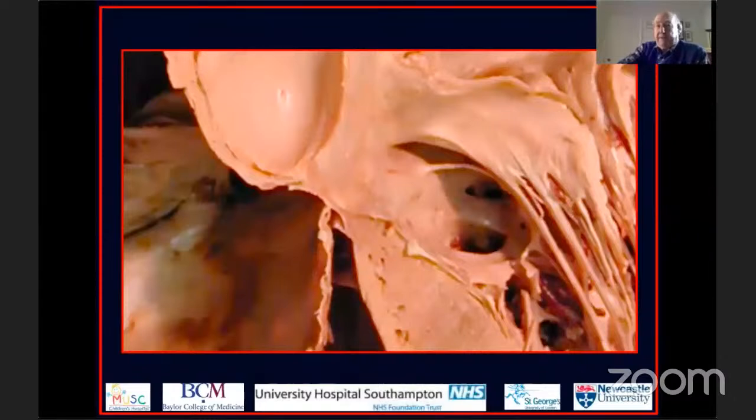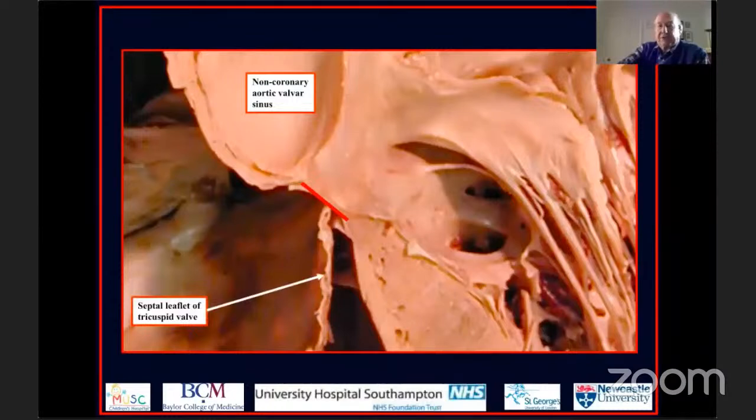Now, if I blow up that membranous part of the septum, here in a heart where I've cut away the non-coronary leaflet of the aortic valve so that I can show you the non-coronary aortic valvar sinus, there is the membranous septum.